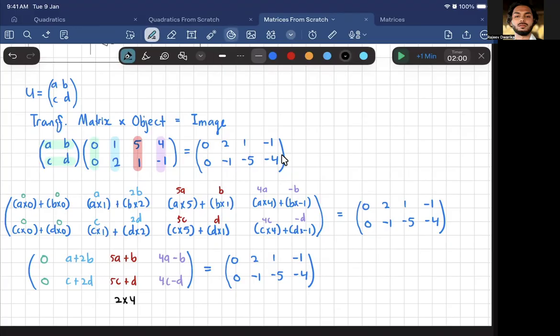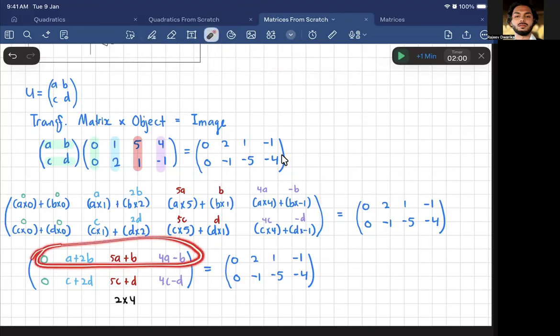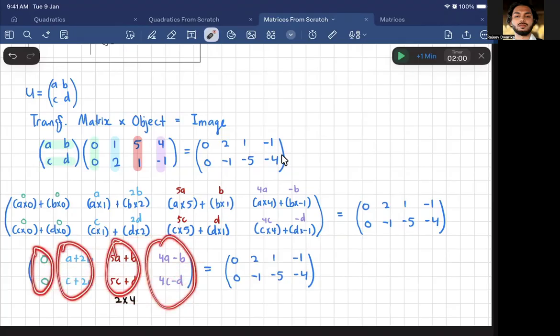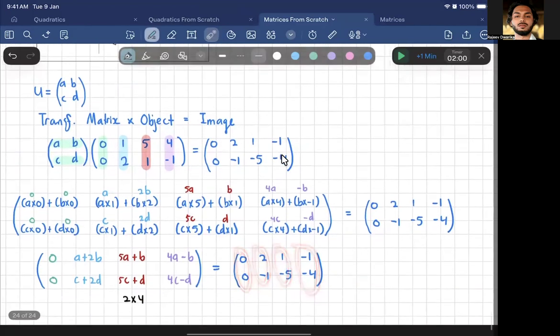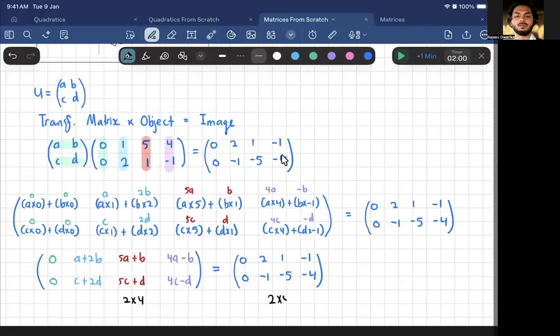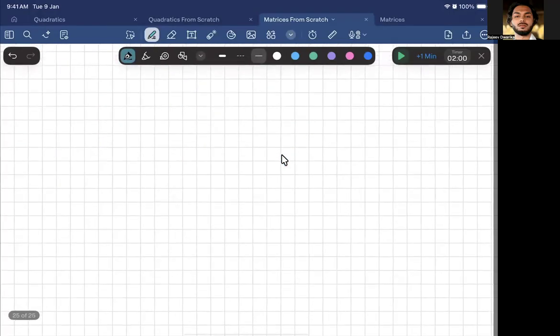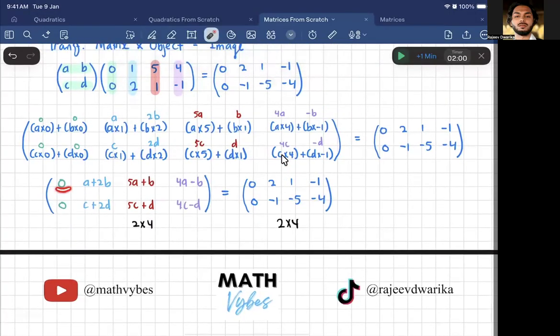Over here, we have 2 rows and 4 columns. So since that is the case, do you think putting 0 is equal to 0 is going to help us in any way? No, it's not going to help us.